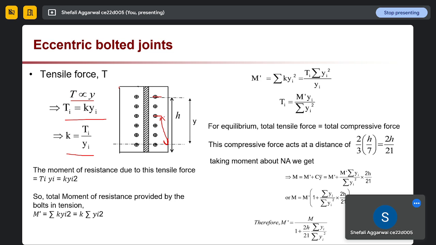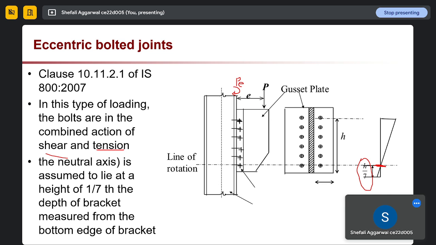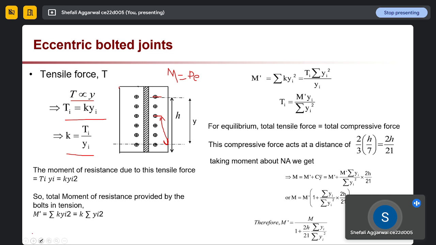Next, because of this tensile force, a moment is acting, right? We have seen moment is equal to P into e normally in our previous cases. Here, because of this tensile force, the moment will be T into yi, where yi is the critical y distance. T is given by k y, so the moment will be k yi square.